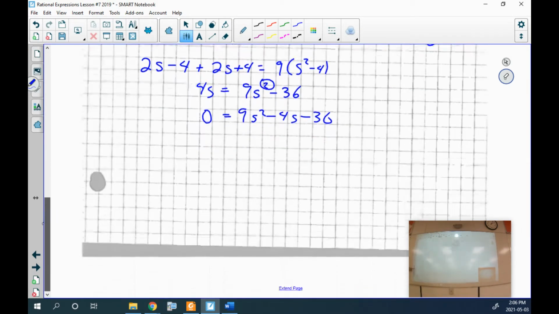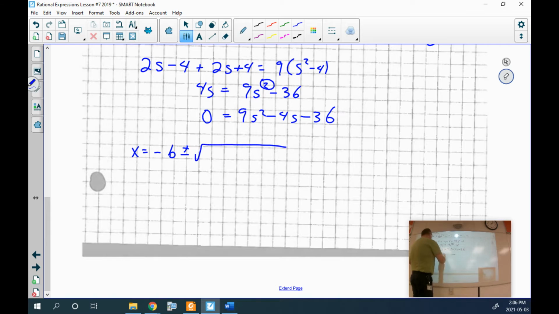Now, like I said, this is most definitely a problem that I would probably not put on an exam, and I don't think it would have been on any diplomas this year. This is not factorable, okay? So I'm going to use the quadratic formula, which is x is equal to minus b plus or minus the square root of b squared minus 4ac over 2a, where this is a, this is b, and this is c.